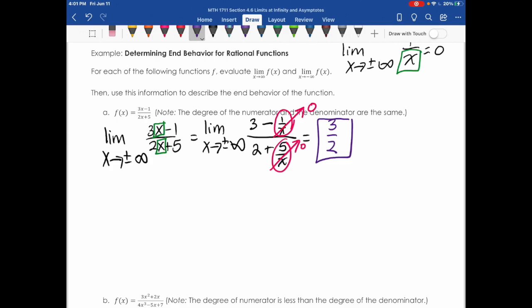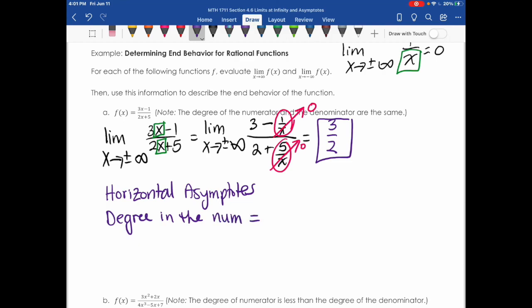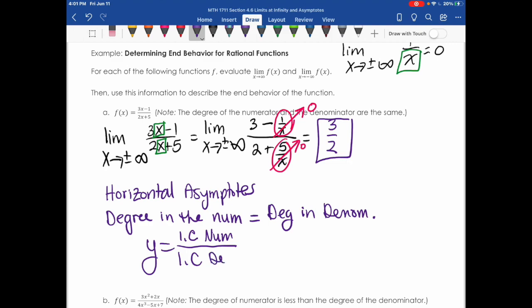And the rule was, for horizontal asymptotes, if the degree in the numerator is equal to the degree in the denominator, then the horizontal asymptote was going to be y equals, and then you take the leading coefficient of the numerator and divide it by the leading coefficient of the denominator.